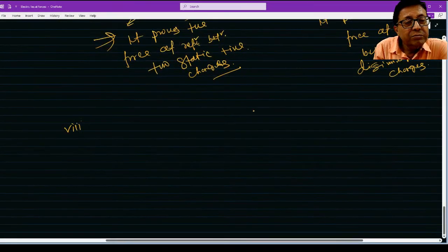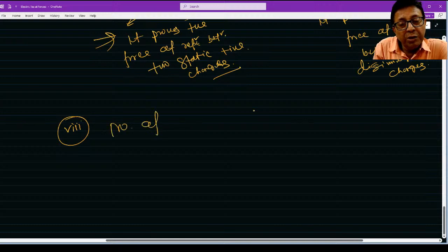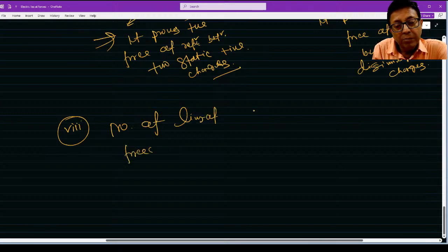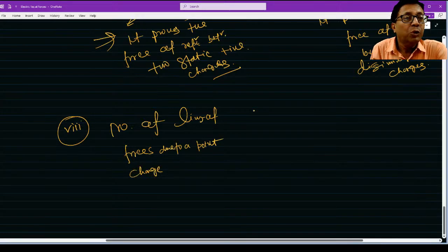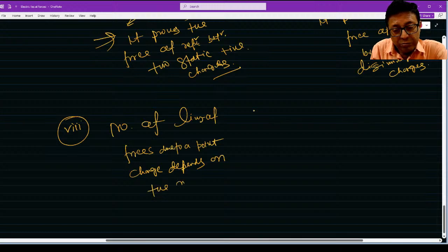Number 8. The number of lines of forces due to a point charge, or many charges, depends on the magnitude of charge.